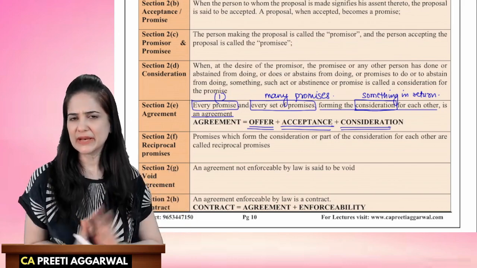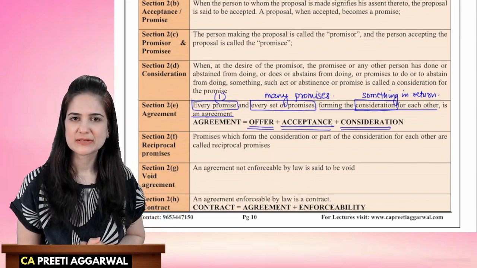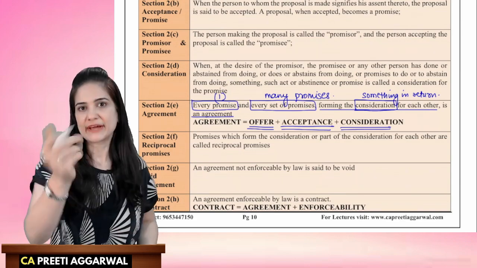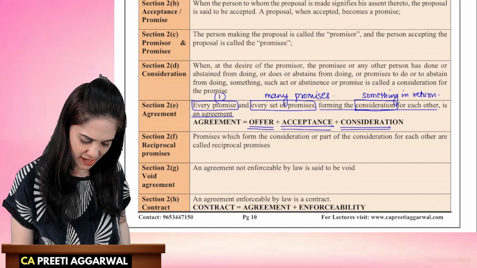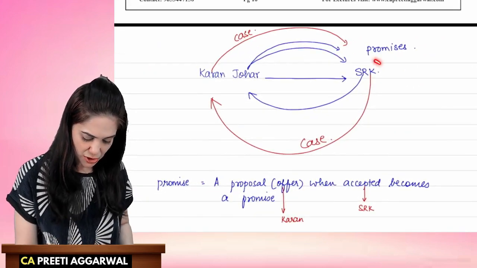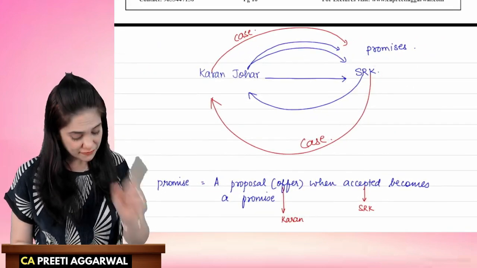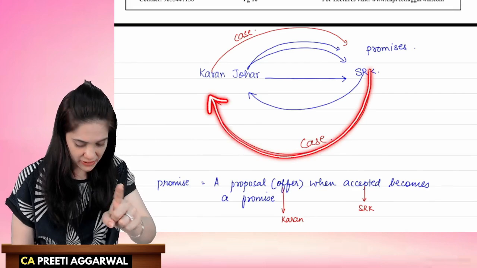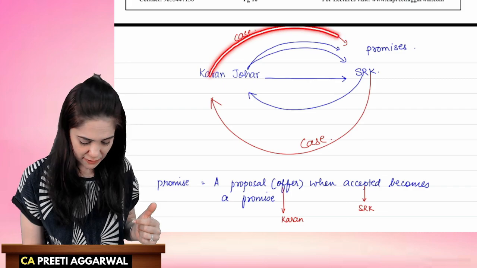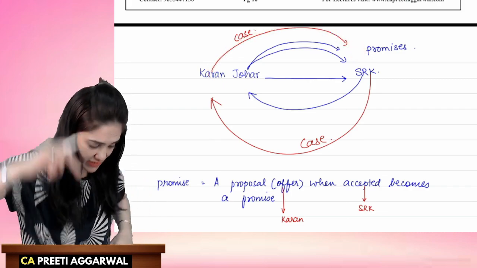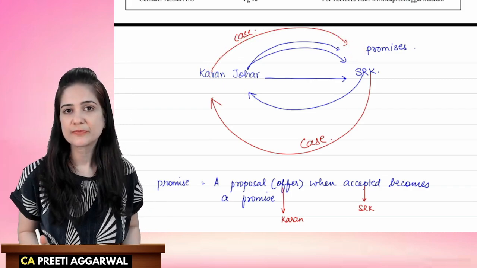Did my example end here, or was there something else? I can file a case. If one party defaults, other party can take action. So over here, Shah Rukh was very clear. If you don't cast me in your movie, I will file a case against you. And Karan also mentioned that if you don't work in my movie, even I can file a case against you.